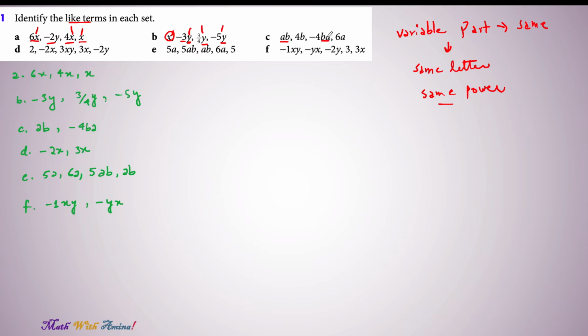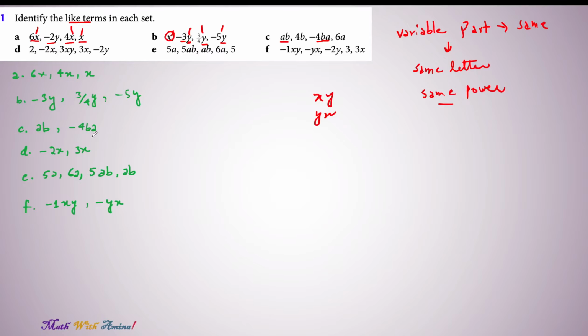In here, as you can see, the order doesn't matter if it's xy or yx, as long as it is the same letters with the same power, the order doesn't matter. Therefore we can categorize this in the same category as AB. We can say that AB and minus 4ba are the like terms.